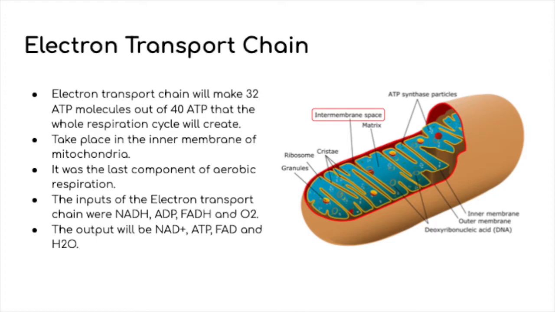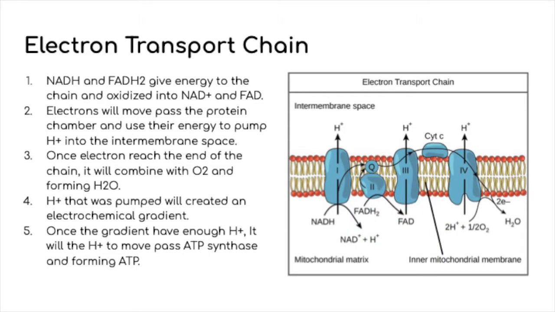FAD, and H2O. For the process, first the NADH made from the earlier cycle will give its electrons to the electron transport chain. As a result, NADH will be oxidized into NAD+, and the same will happen to the FADH2. It will give electrons to the electron transport chain and be oxidized into FAD.